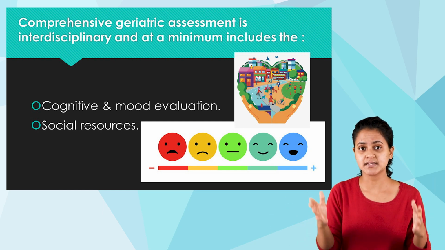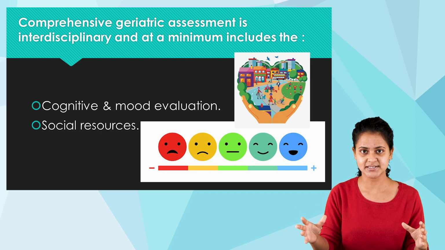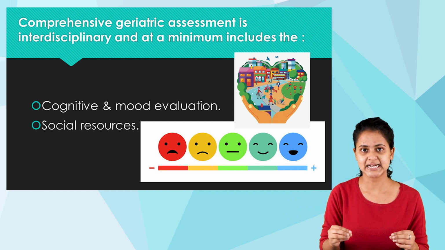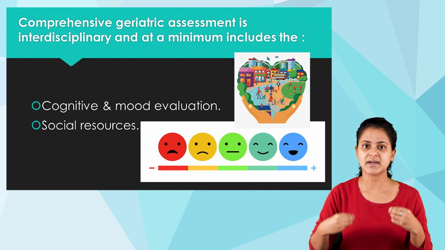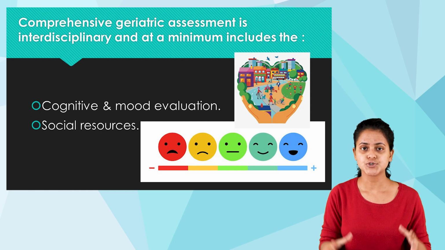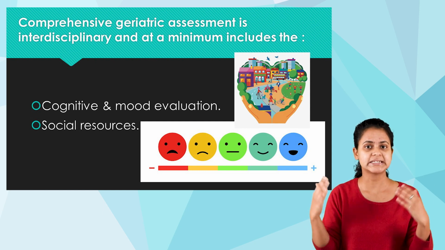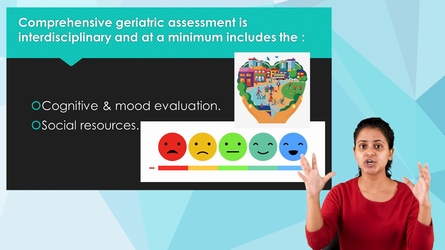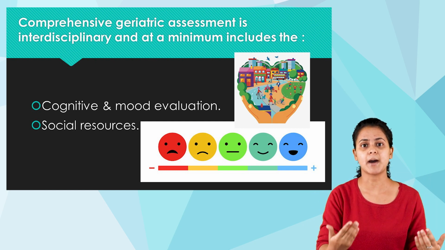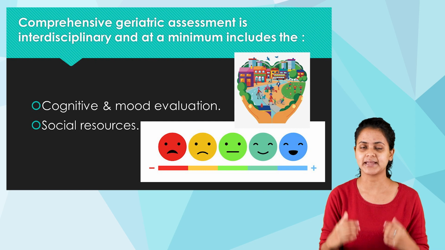So here, as a nurse, we should consider their social and interpersonal resources to understand their status and their psychological well-being. I hope till here you are completely clear about the major focus areas that should be assessed while talking about a geriatric client and their care.